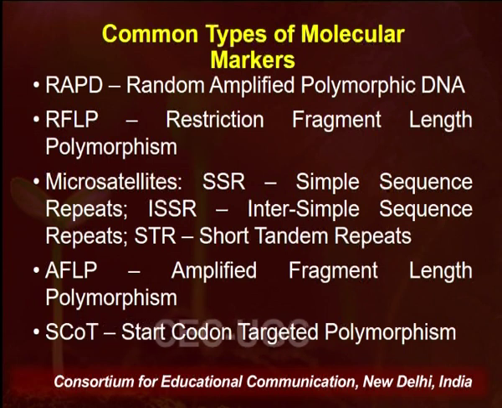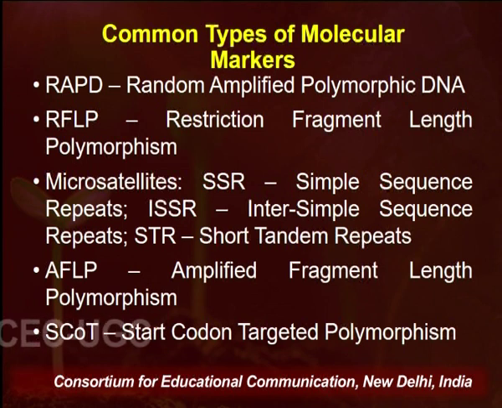Now if we talk about different molecular markers that are being used for analysis of somaclonal variations, the commonly used DNA markers are RAPD, that is random amplified polymorphic DNA, RFLP, that is restriction fragment length polymorphism.